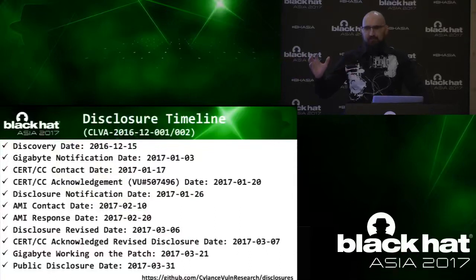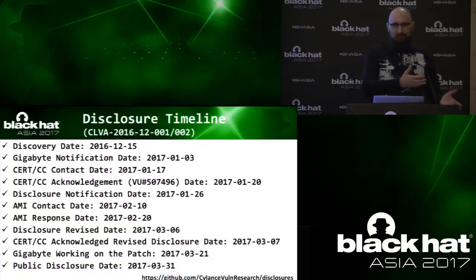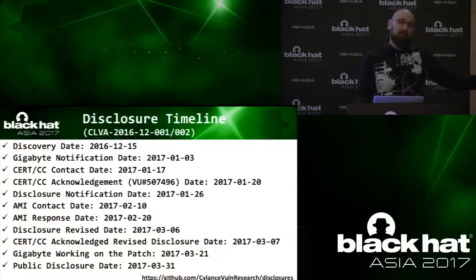American Megatrends mentioned that some of the issues were already patched by a new framework, but we asked them to share with us some CVE numbers to mention in our disclosure process. They said we have already patched these vulnerabilities, and that it's related to this CVE and this issue specifically for Gigabyte hardware.